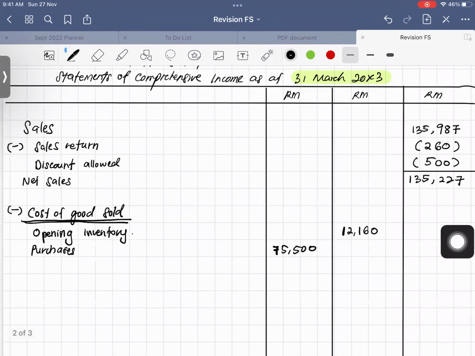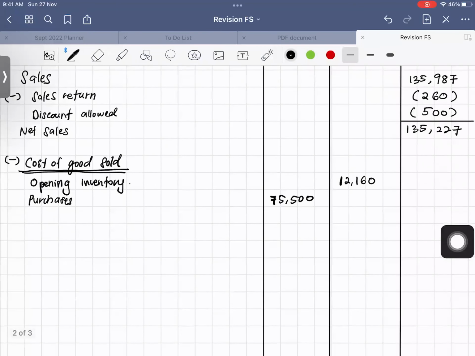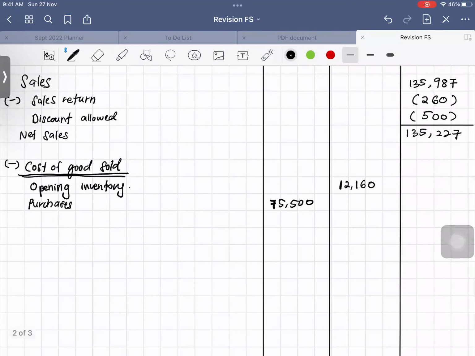Okay. And then after you got your purchases value in, you have to minus this purchases value with your purchases return and also discount received. Purchases is when we purchase something from our suppliers, so meaning the supplier gives us a discount, right?